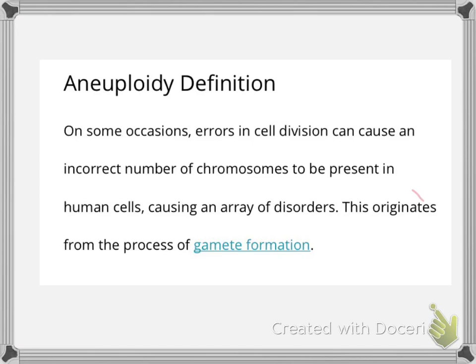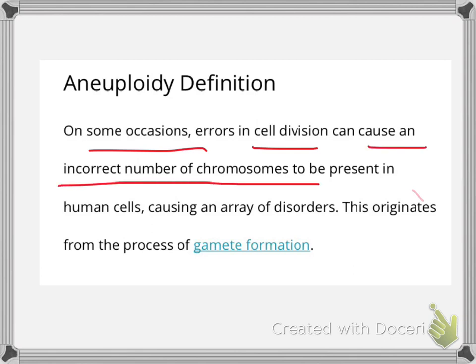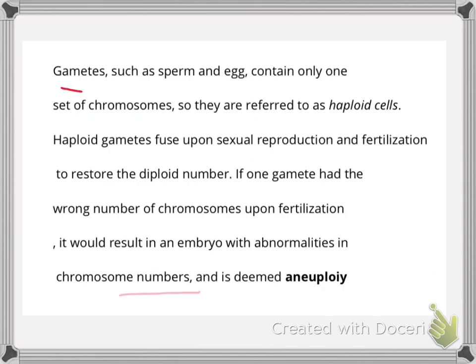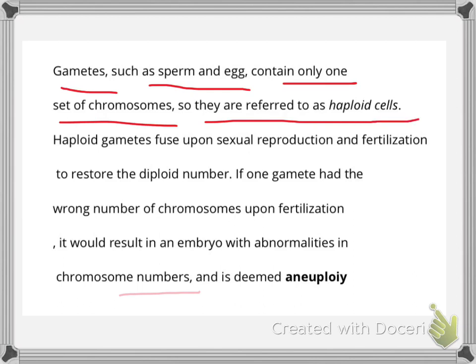Next is aneuploidy. On some occasions, errors in cell division can cause an incorrect number of chromosomes to be present in human cells, causing an array of disorders, and this originates from the process of gamete formation. The gametes, such as sperm and egg, contain only one set of chromosomes, so they are referred to as haploid cells.